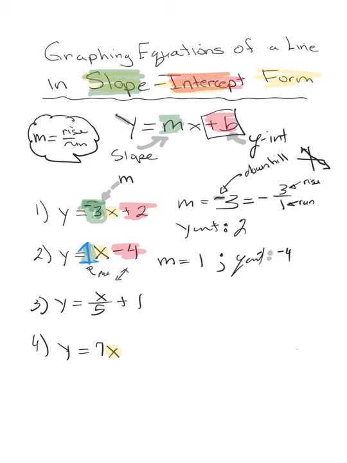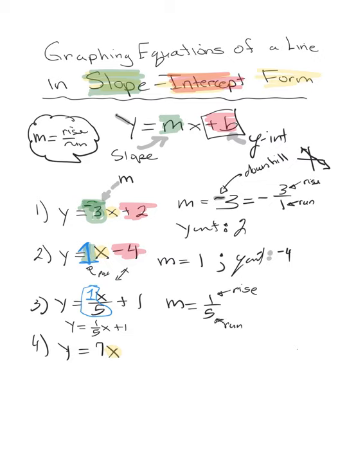What about number 3? What's the slope? You might say it's 5, but it's not. This can be rewritten as y equals 1/5 x plus 1, because there's a hidden 1 right there. So the slope is 1/5, which means we're going to rise 1 and run 5.